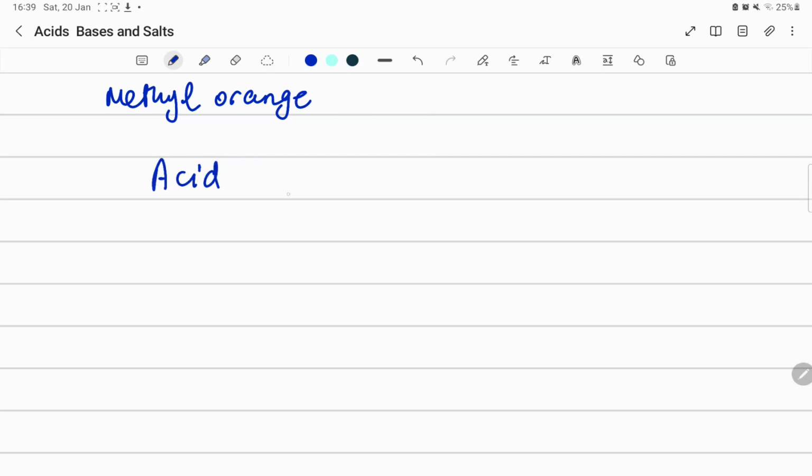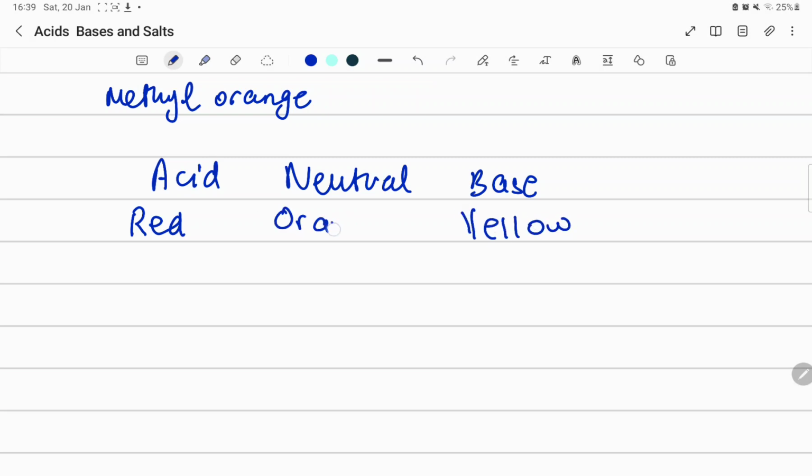which is also red in acid. It's yellow as a base and orange when neutral. Then we have this one right here, which God knows I've tried to pronounce way too many times during my GCSEs and I have given up.